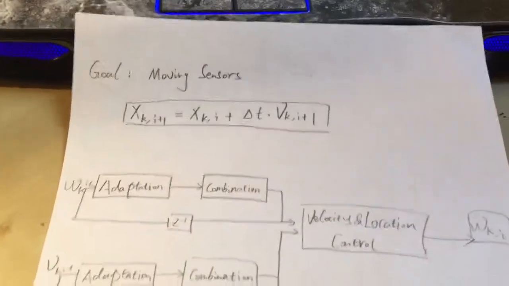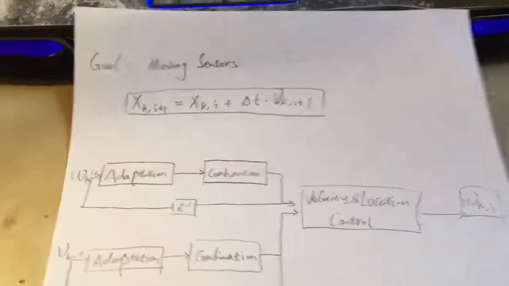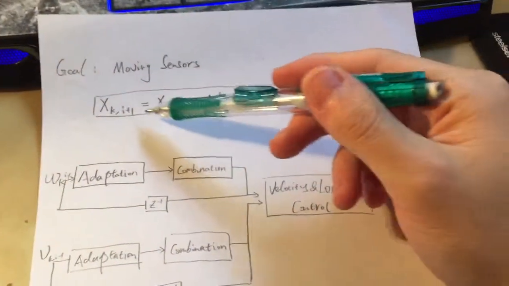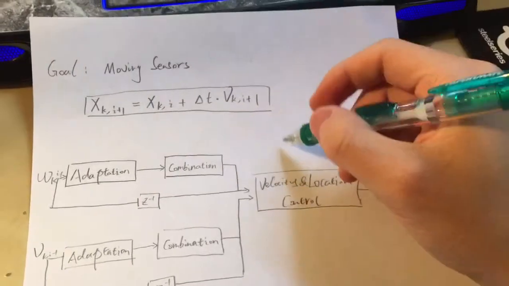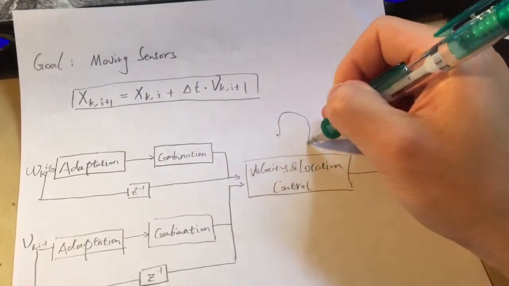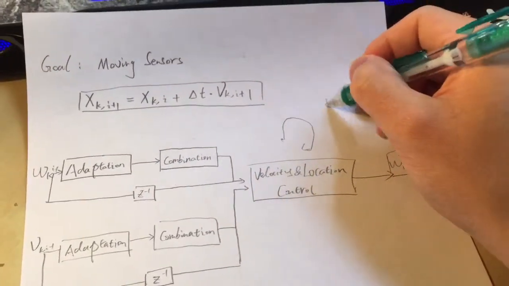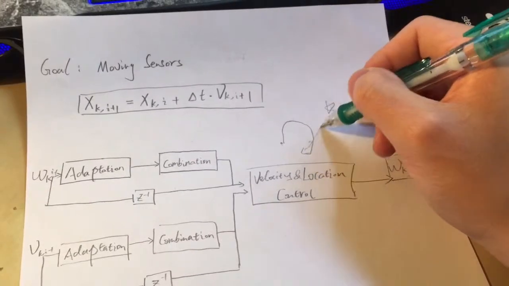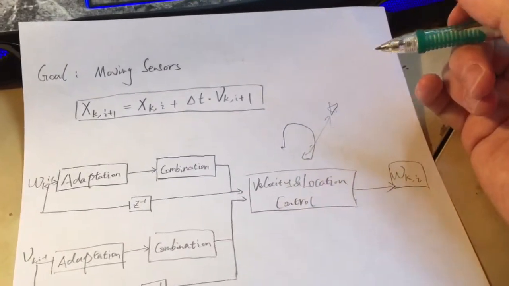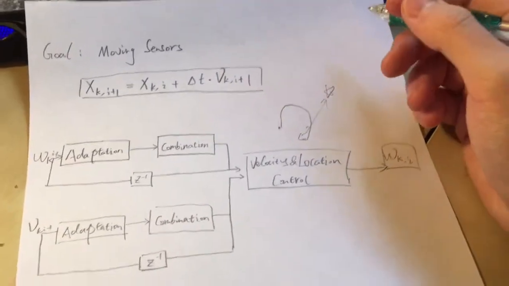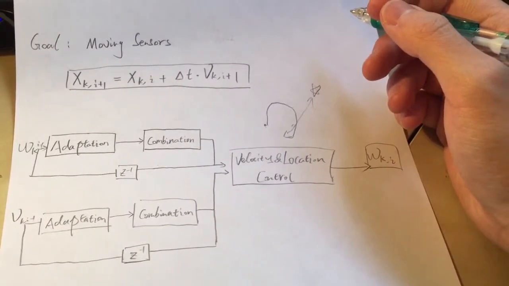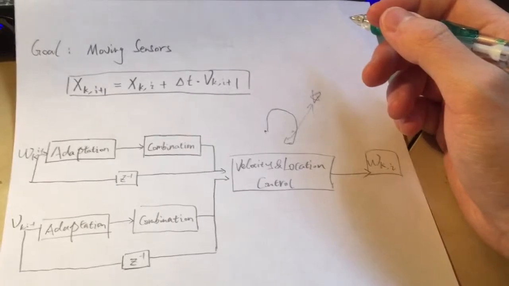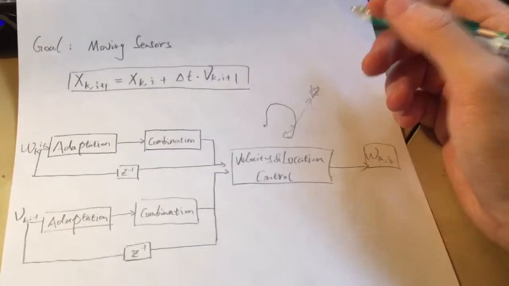Our future goal is moving sensors. So the sensor location is updating with time. It can be anywhere, moving from here to here and to somewhere else, and it will still work for estimating the target location. It's a kind of robust way. Hopefully we can get there before the technical open house.